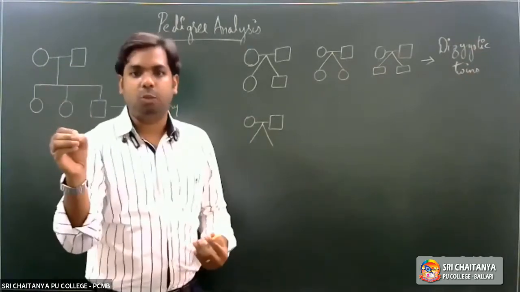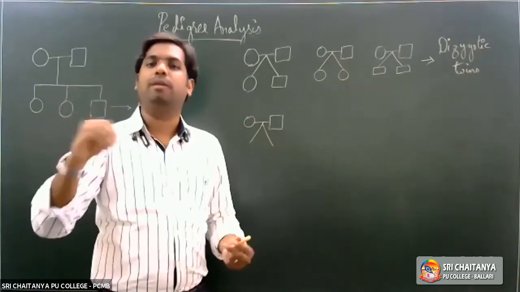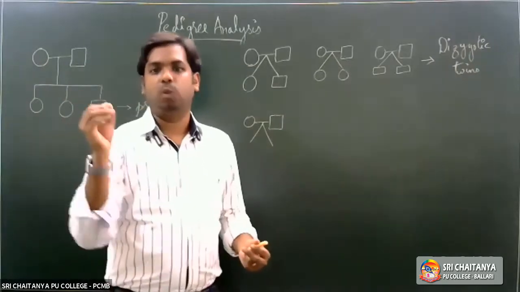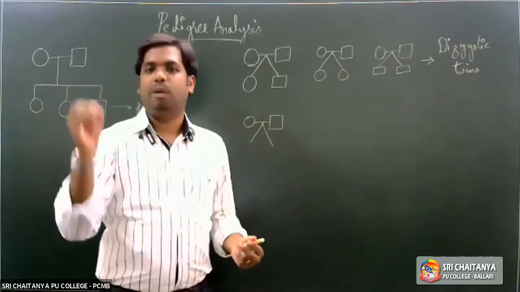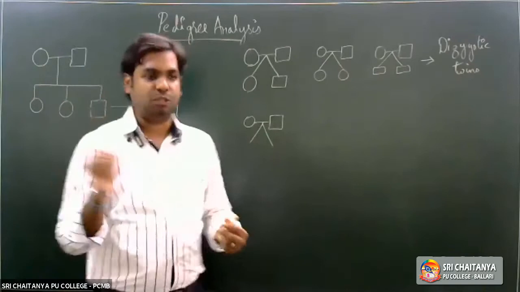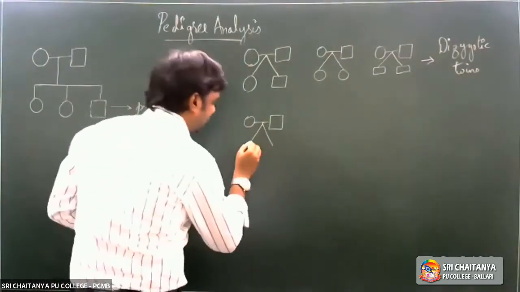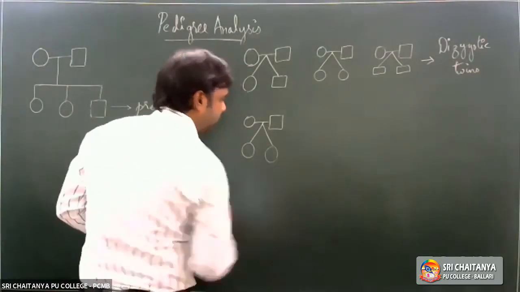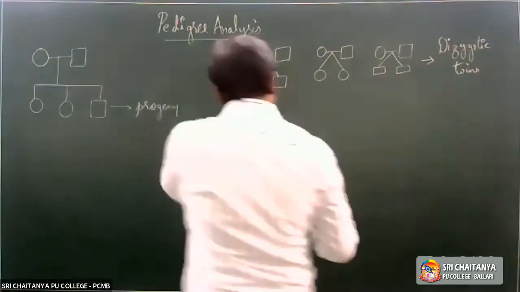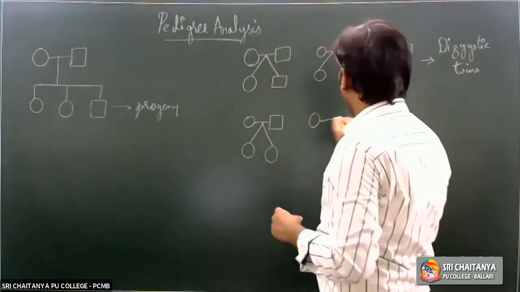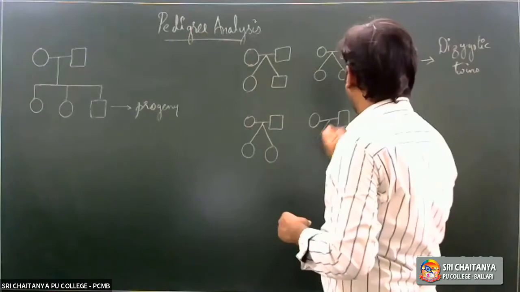In case of identical twins, the sexes are already determined, so the twins will be of the same sex. Here, two possibilities are seen. Both would be girls. This is one possibility. The second possibility is both would be boys.